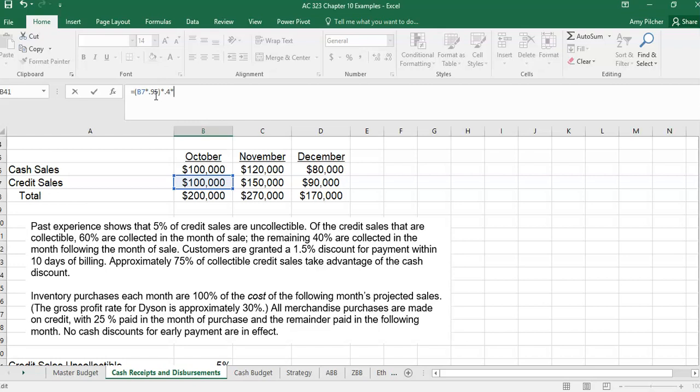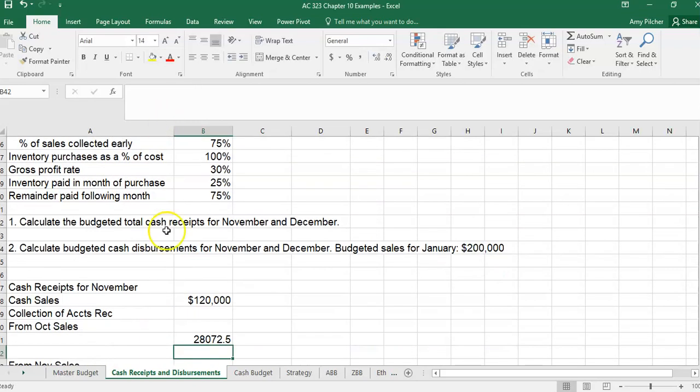We're then going to take that times 75% because 75% of our customers take a discount. And then we're going to take that times 0.985 because 100% minus 1.5% gives us 0.985. This gives us our cash collections from October sales, factoring in the discount.